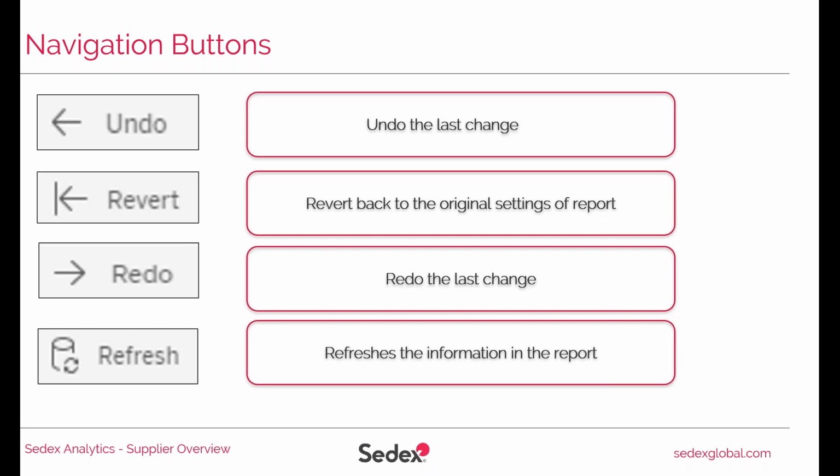Revert just means undo all, reverting back to the original settings from when you first went into the report, showing you all data. Redo redoes the last change. Then refresh: if you've added filters and you've been idle for maybe a few minutes, you might want to refresh to make sure it's registered your filters. It's just a refresh button that you use outside of using the refresh option in your web browser.